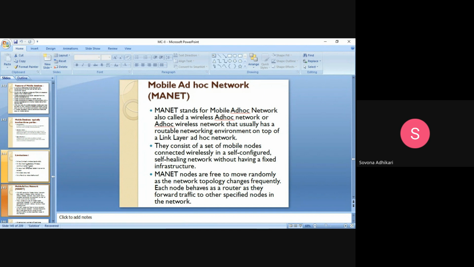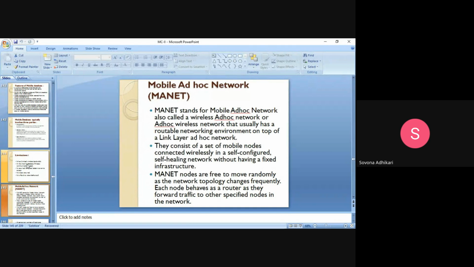MANET stands for Mobile Ad Hoc Network, which is also called Wireless Ad Hoc Network or Ad Hoc Wireless Network, that usually has a routable network environment on top of a link layer ad hoc network. So it has a routable network environment.